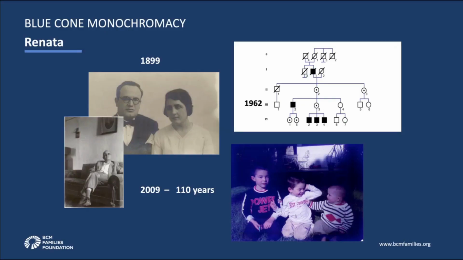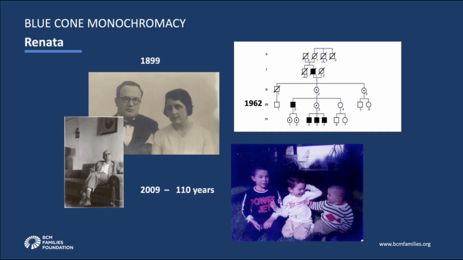And today I would like to tell you the story of the patients in my community and the story of my family. In my family, blue cone monochromacy started in 1899 when my grandfather was born, and he was affected by this disease, but he didn't know the name of the disease for his entire life.